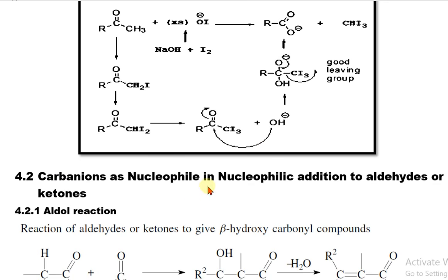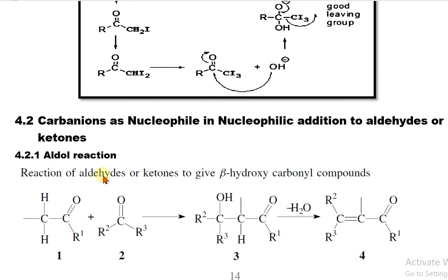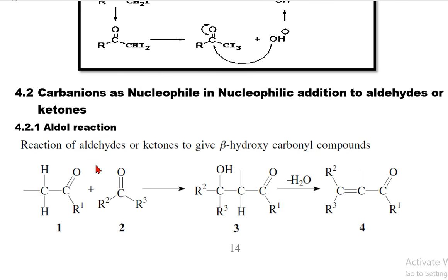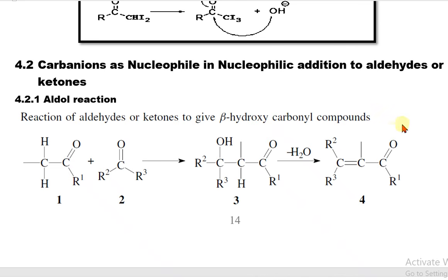Carbanions as nucleophiles in nucleophilic addition to aldehyde or ketone. The first important reaction here is the aldol reaction: reaction of aldehyde or ketone to give a beta hydroxycarbonyl compound.